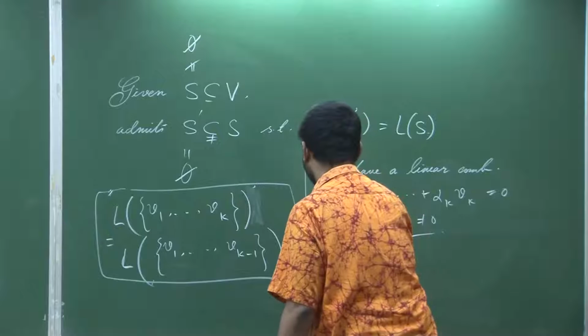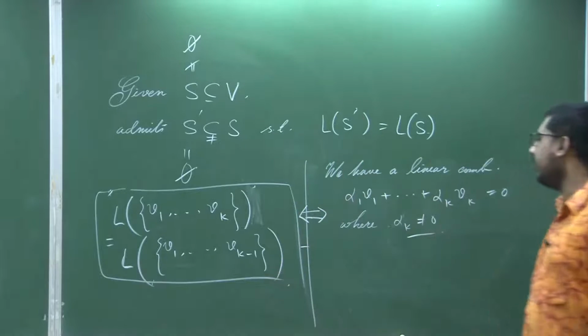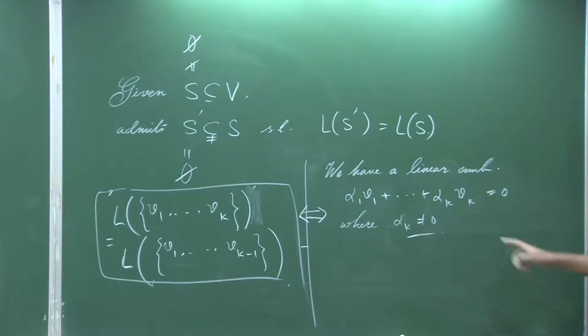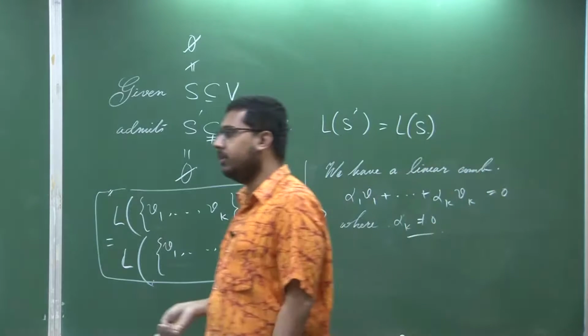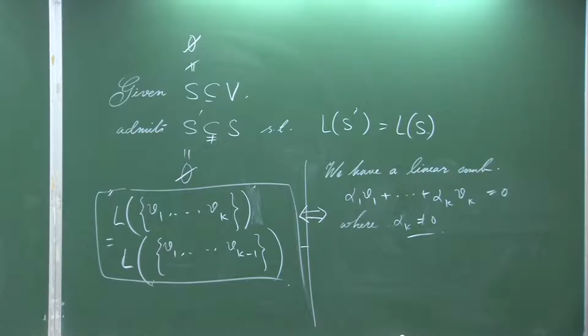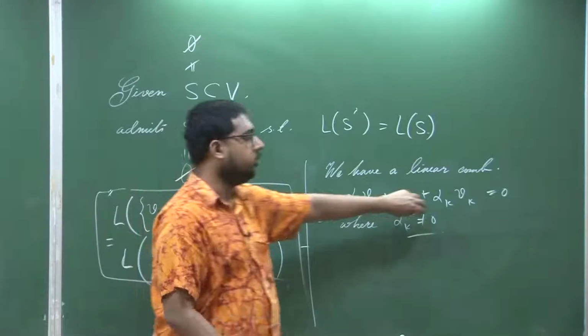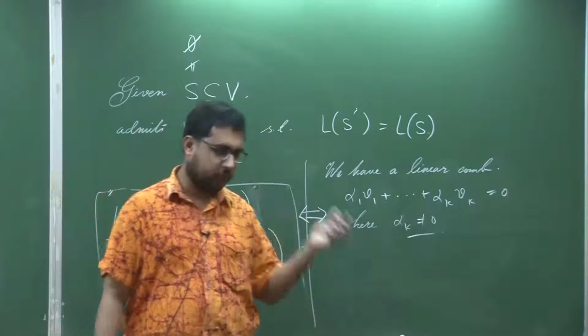Equivalently, there is a combination such that the combination becomes 0, but the coefficient of Vk is non-zero.